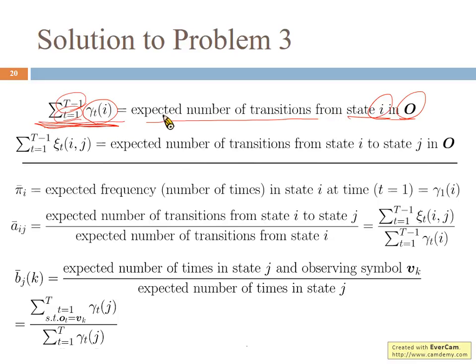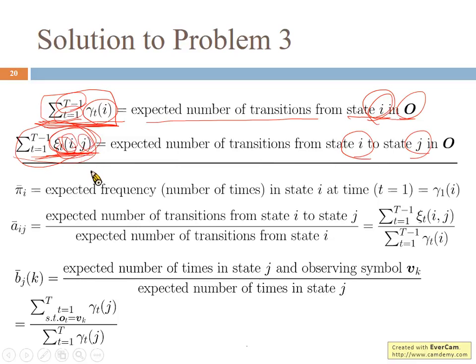Considering all time instances, this value is the expected number of transitions from state i, and the summation of psi_t(i,j) is the expected number of transitions from state i to state j. Here we sum over all time instances, so this is the expected value over all time instances that we jump from state i to state j.